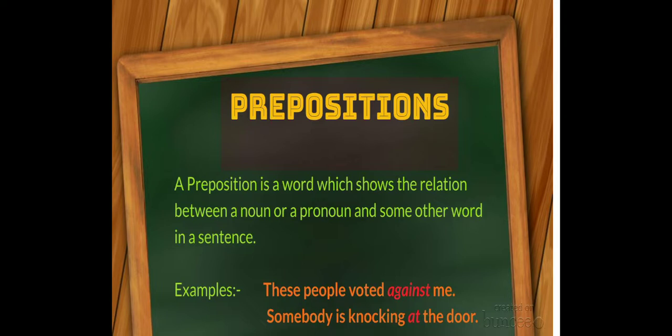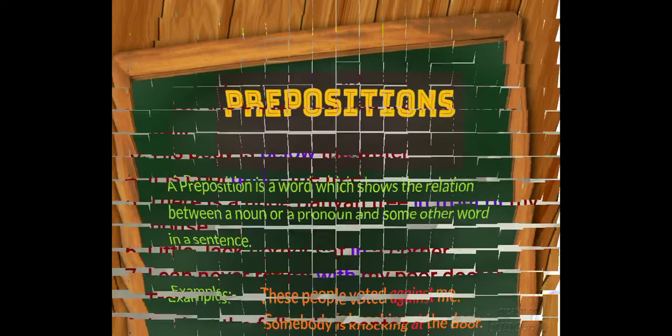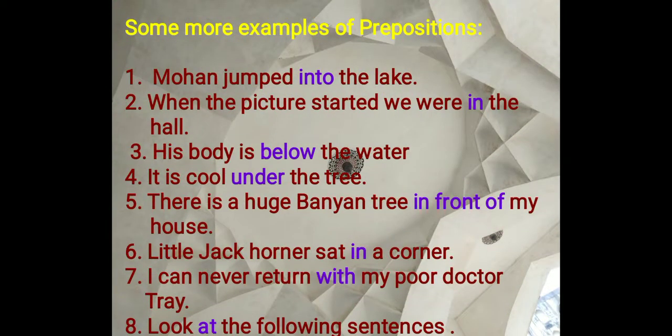Next, somebody is knocking at the door. Here again, knocking and the door are connected, or their relation is presented by the word at, which is a preposition. Now we will see some more examples of prepositions which will help you to understand in a better way.